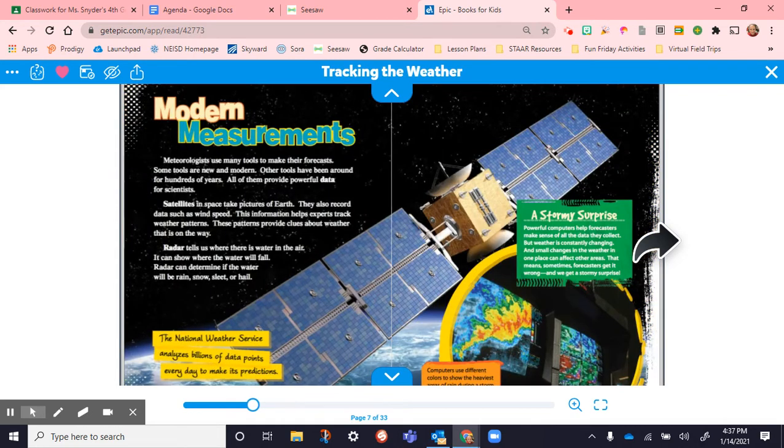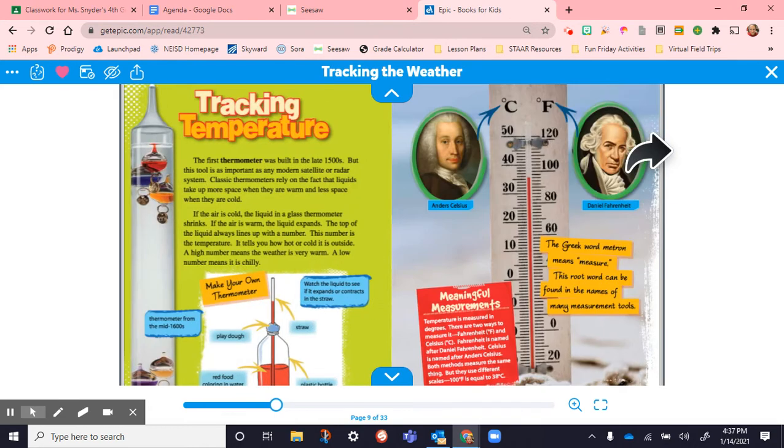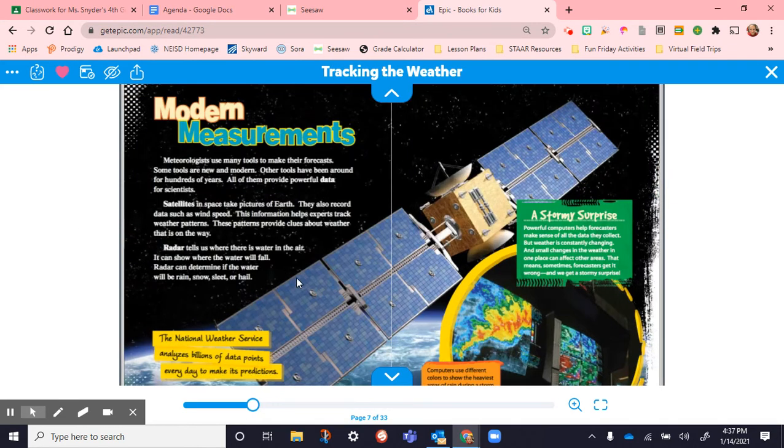All right, so modern measurements, this one starts getting into the different tools that they use. There's satellites in the sky that are constantly taking pictures of Earth, and they're sending that back to our computers here.